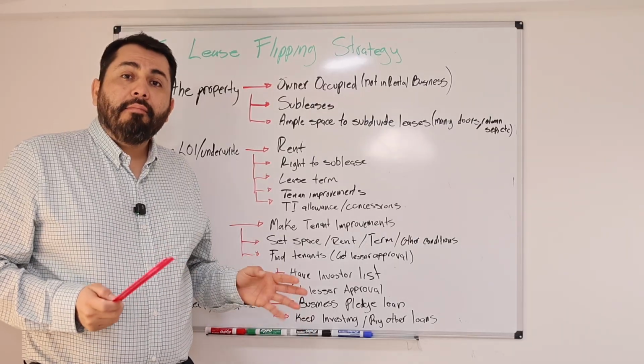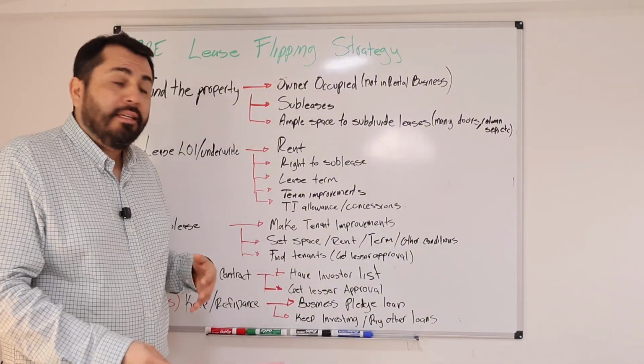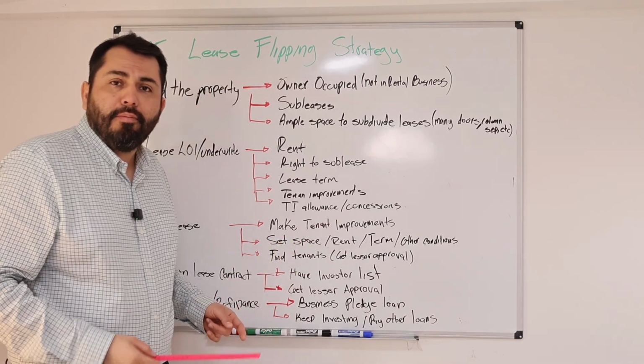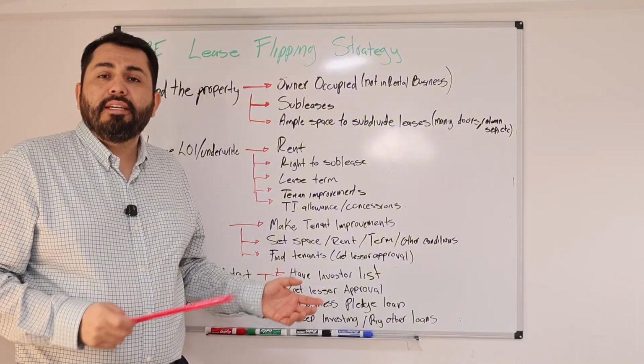In that time, you will not have any cash flow because you don't have tenants. And you can also find tenants at the same time you are making the improvements. Okay, that's called pre-leasing.